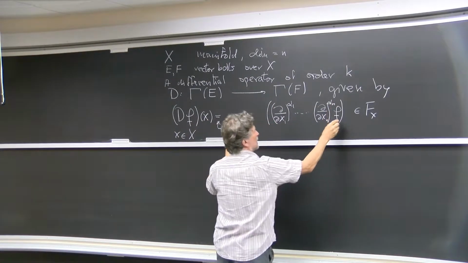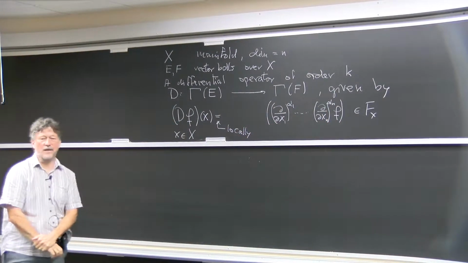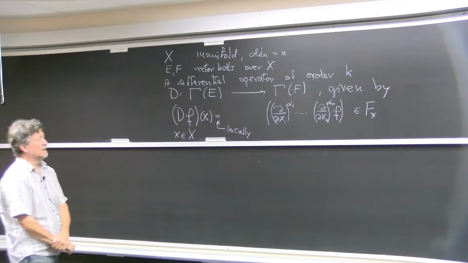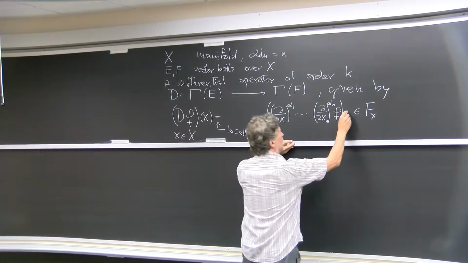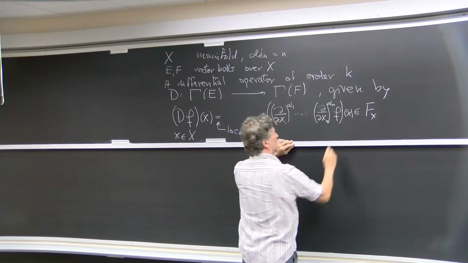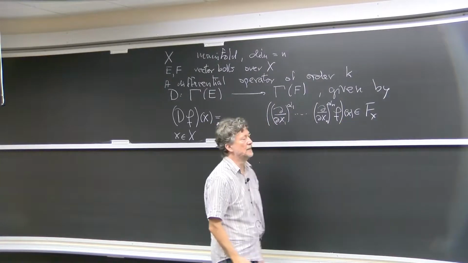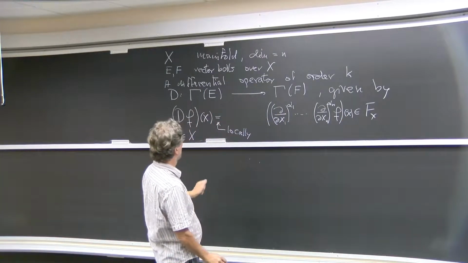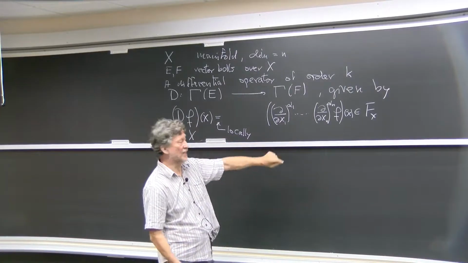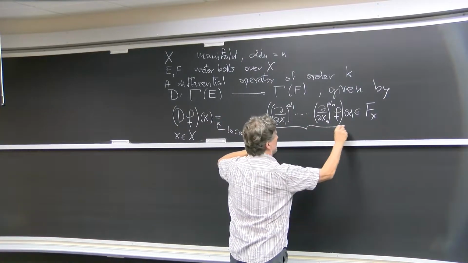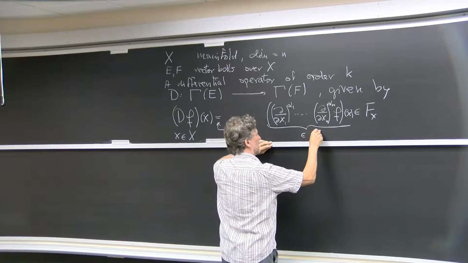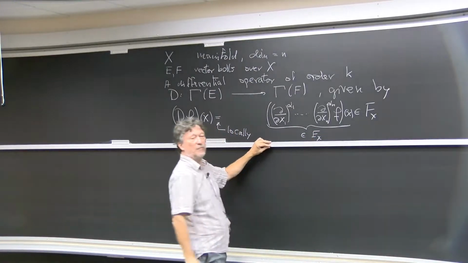And that way I get a new section of the vector bundle E. Then I can evaluate that at the point x to get an element in the fiber of the vector bundle E at the point x.